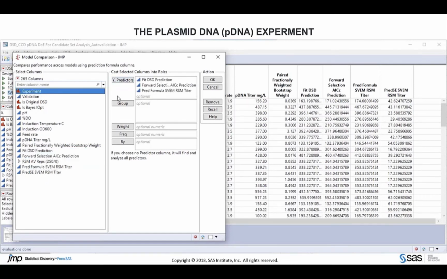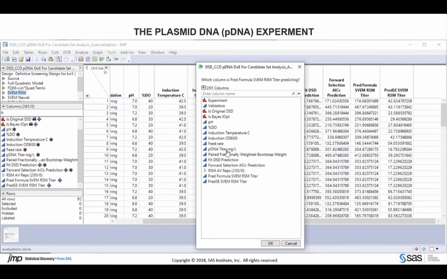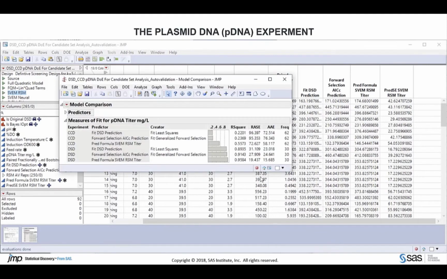I'm going to use experiment as a grouping variable, and we have to let it know that titer is the response. So what we see is that S-VEM has an R-square on the central composite design runs of 55%. So these are runs that were not used to fit this model at all, and S-VEM is giving us a much higher predictive capacity than either forward selection with the AICC or the FitDSD approach to model selection.